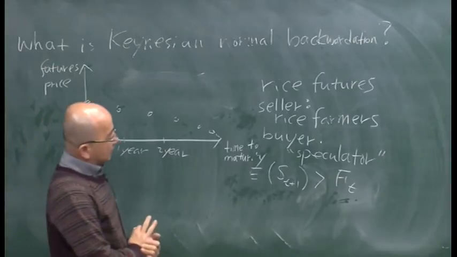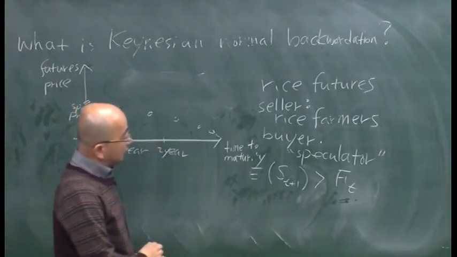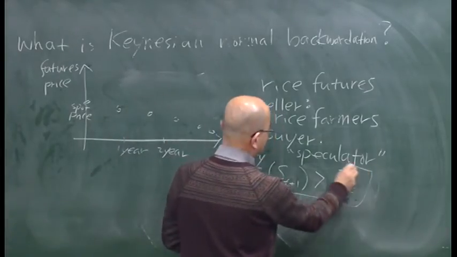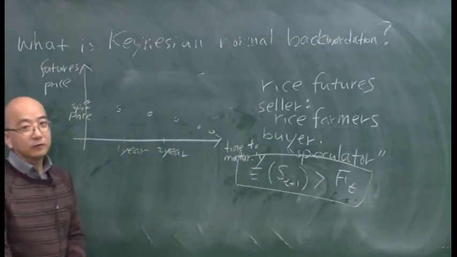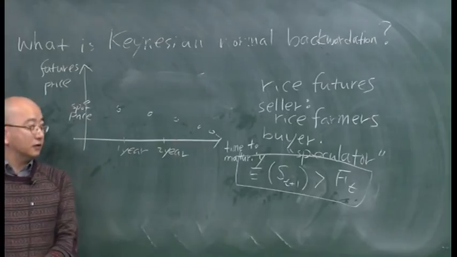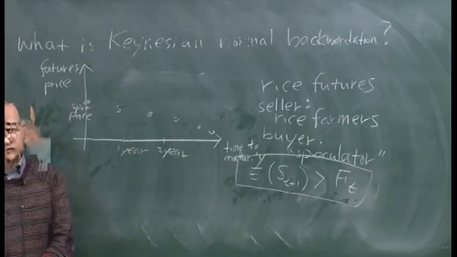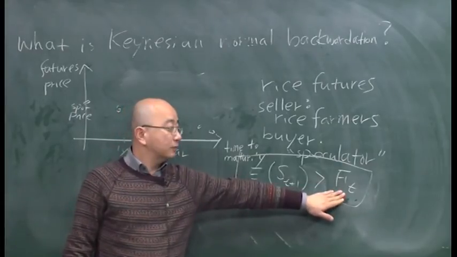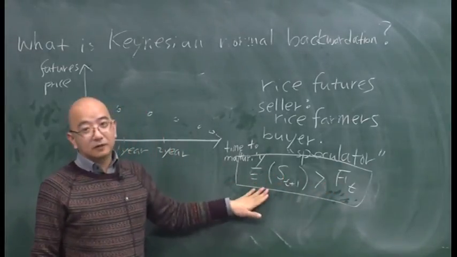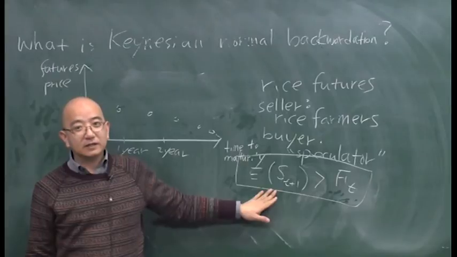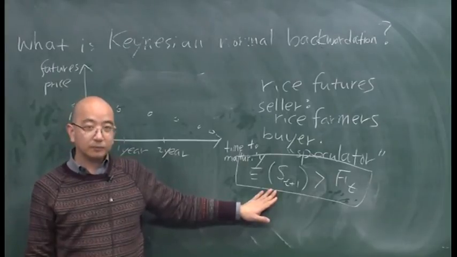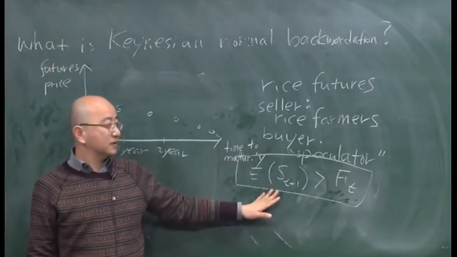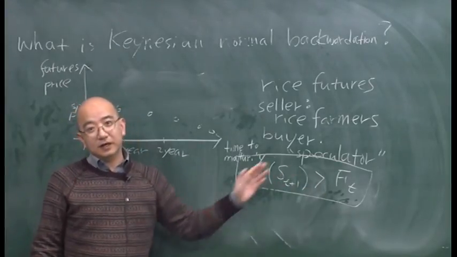Now this is an interesting story because this particular equation is, in a sense, rather unconventional in economics. What is more conventional in economics is that futures price should be identical to the expected spot price in the future. Why do economists say these two should be identical?